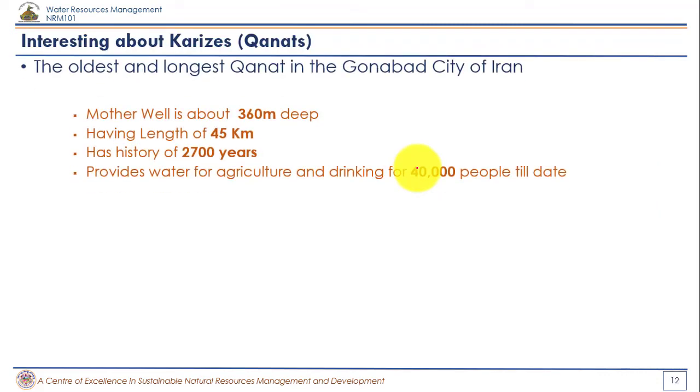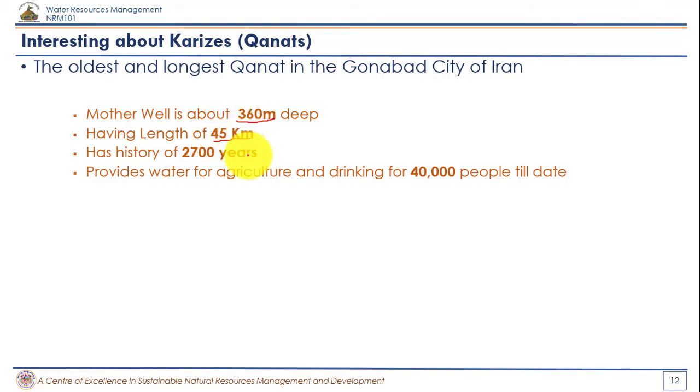One of the interesting facts about the Qanat system that I just found on the internet is that the oldest and longest Qanat system is located in a place called Qanat city of Iran, and the mother well, the first deepest well, is about 360 meters deep. It's quite deep.